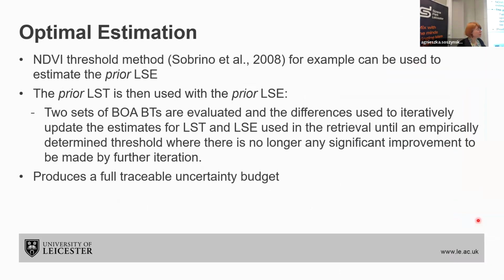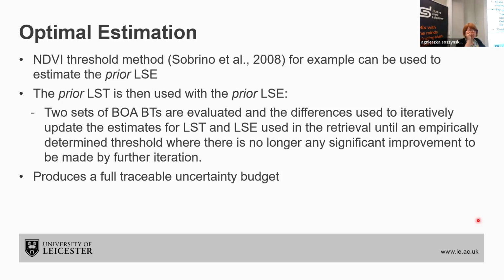The prior knowledge that can be used in optimal estimation is, for instance, the NDVI threshold method. That is based on the fact that urban materials generally have different emissivities to vegetation. So we can partly expect highly vegetated surfaces to have a rather flat spectrum. So this is already a first guess to be used. Other than NDVI, we can also use different methods. There is a classification scheme which is being developed for LSTM as well.